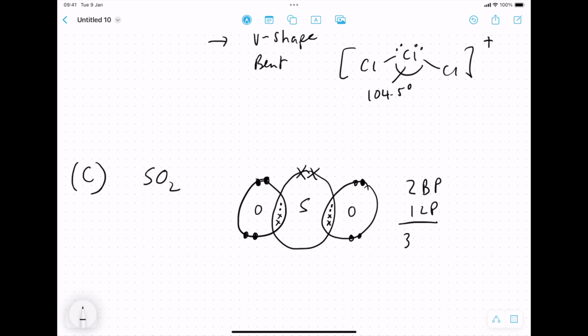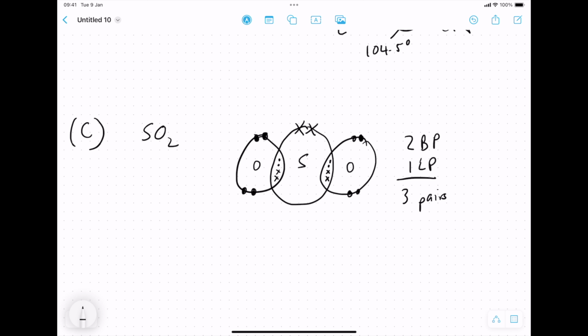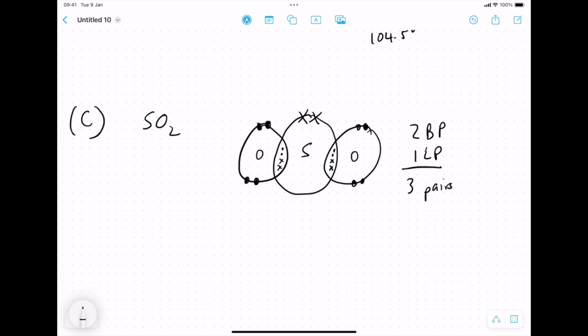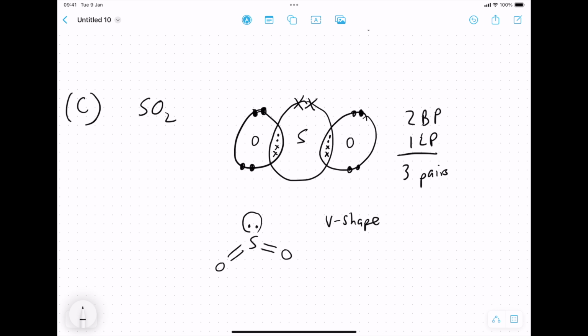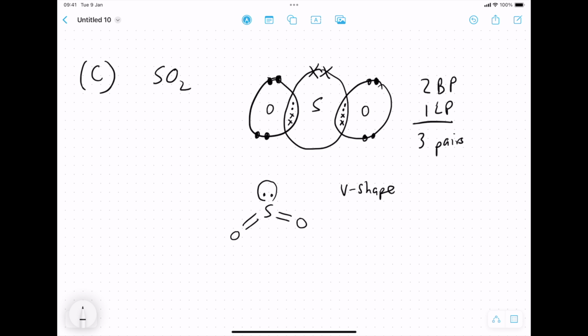So there's 3 pairs. So ordinarily, that would be a trigonal planar shape if there were 3 bonded pairs. But one of them is non-bonded, it's a lone pair. So we're going to have the V shape again. And it's going to look something like this, with the lone pair sticking out the top. And then the bond angle will be, if it was trigonal planar, it would be 120.